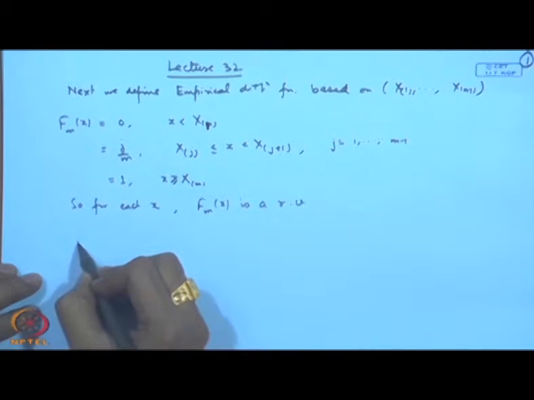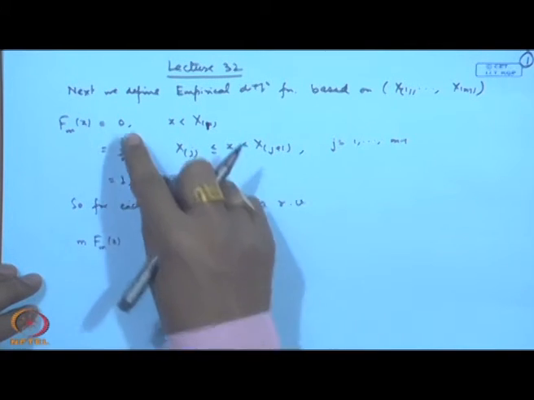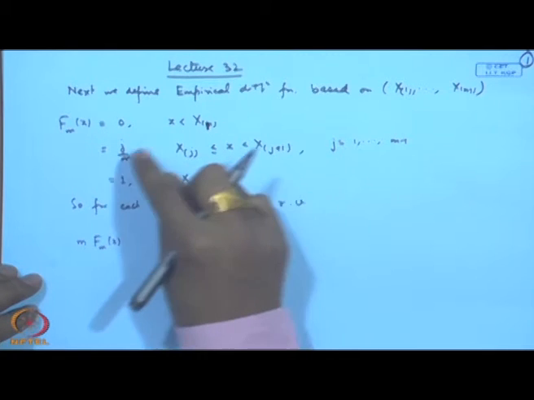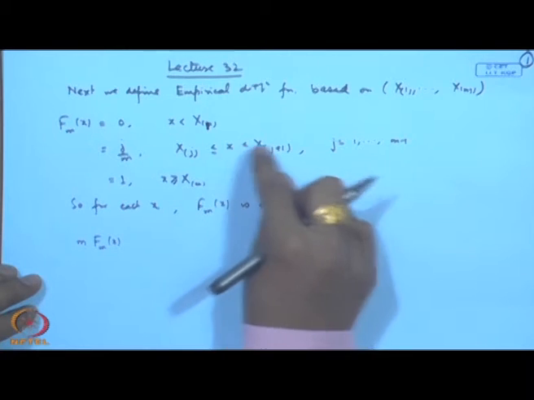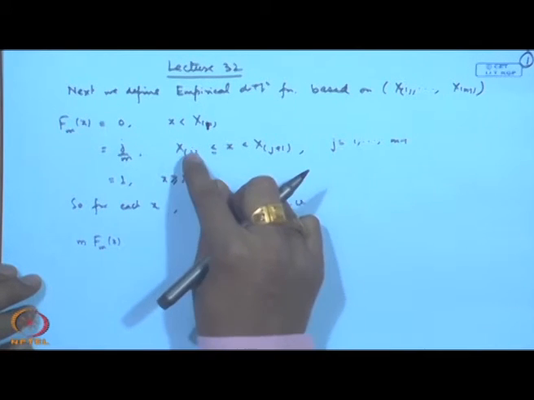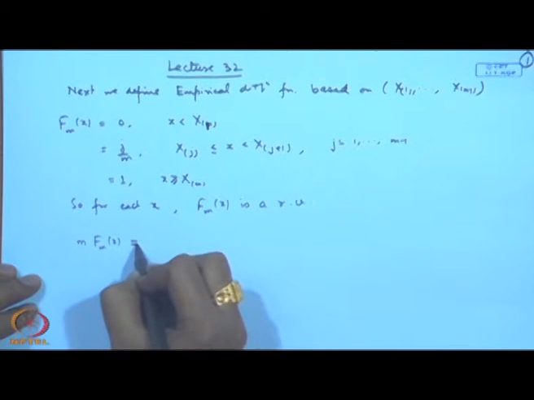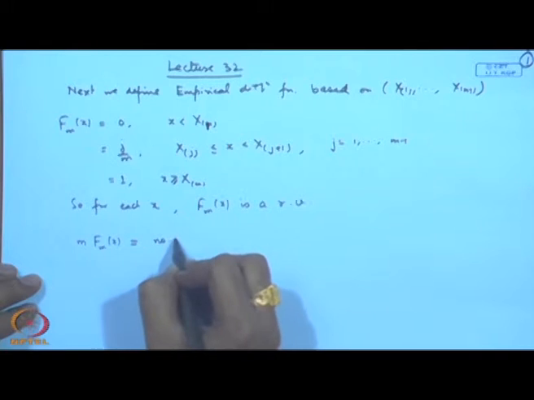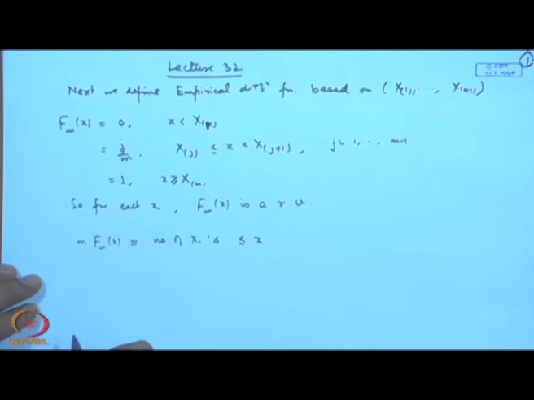If I consider m times Fm(x), then what are the values? It is equal to 0 if x is less than X(1), it is equal to 1 if x is greater than or equal to X(1) but less than X(2), it is 2 if x is greater than or equal to X(2) but less than X(3), and so on. That means it is exactly the number of Xi's that are less than or equal to x.